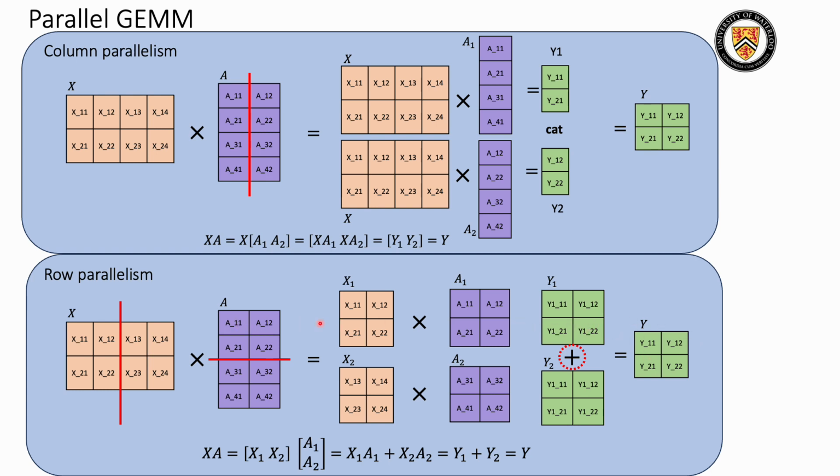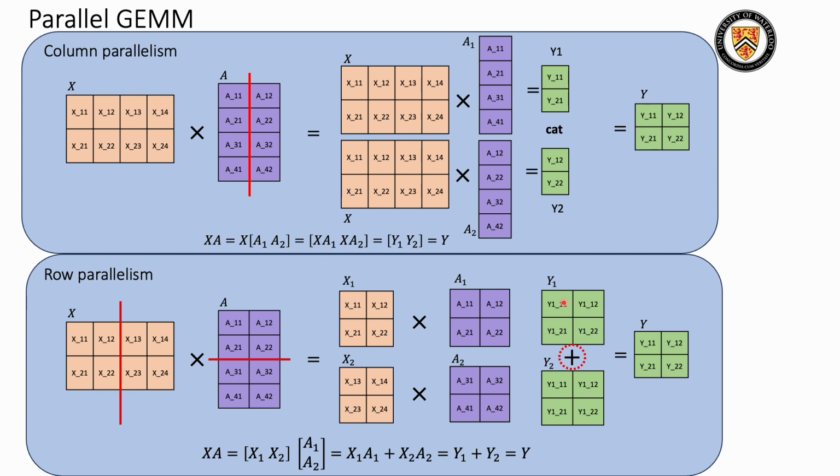So this entry should be all of this times all of this. The first device is going to be computing this times this, so it's x11, x12 times a11, a21. When you multiply this and this, you get y11.